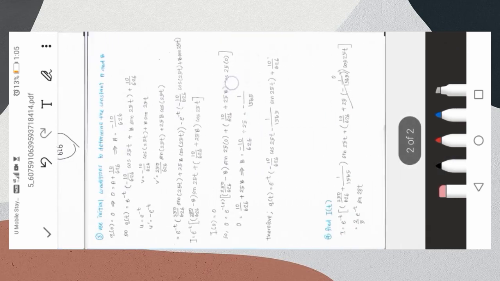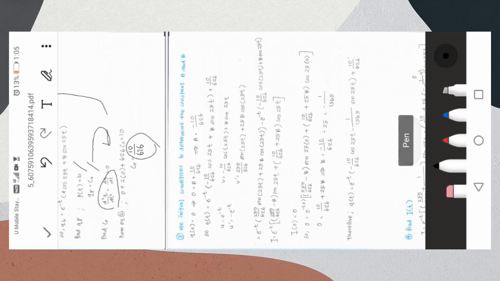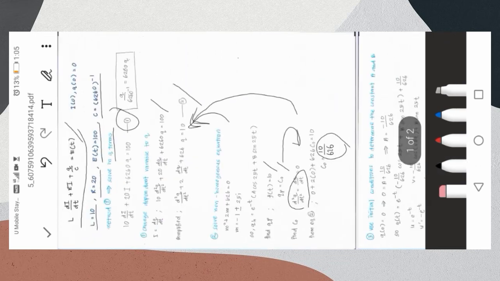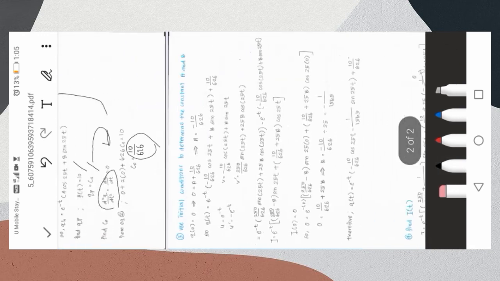And then after that, use the initial condition to determine the constants A and B. We know q(0) equals 0 from this. So 0 equals A plus 10 over 626, and we can get A here.